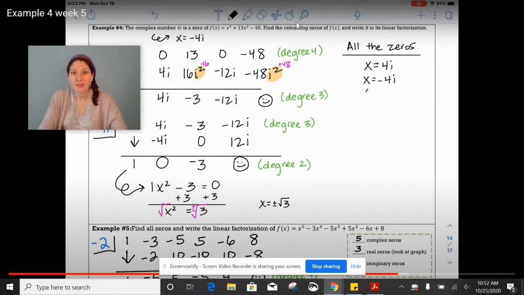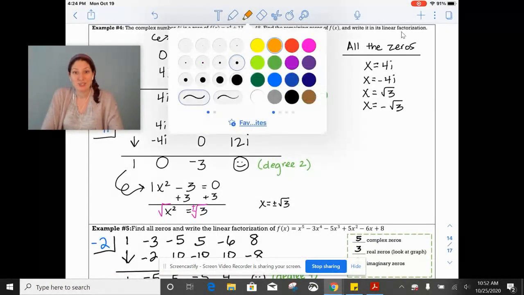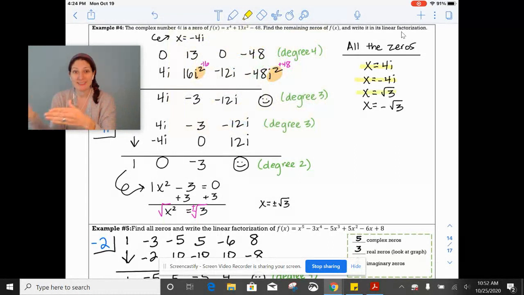The other part of the direction says, write it in its linear factorization. So that will be our final step. If I have the zeros, all I need to do is set up my 4 parentheses, because it's going to have 4 factors, and I'll set them up with x minus, x minus, x minus, and a final x minus.